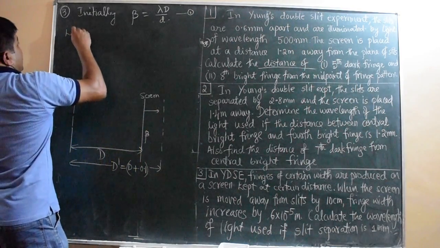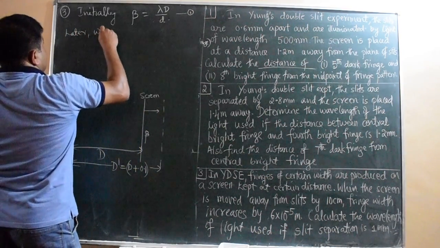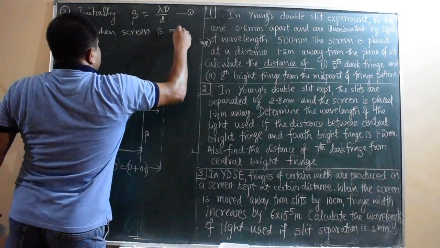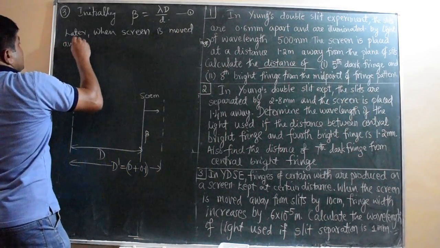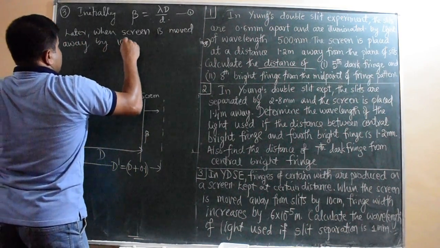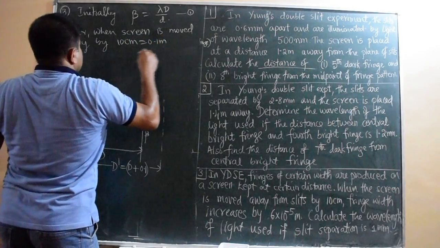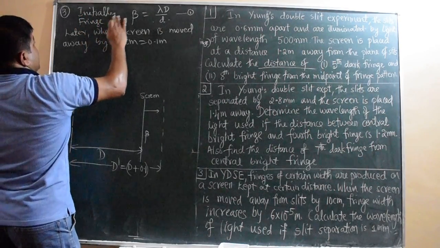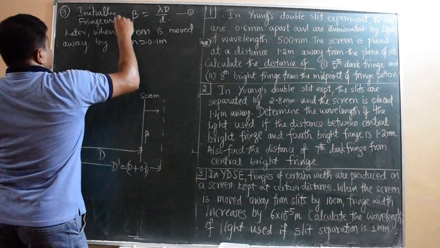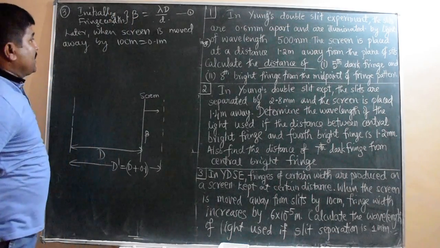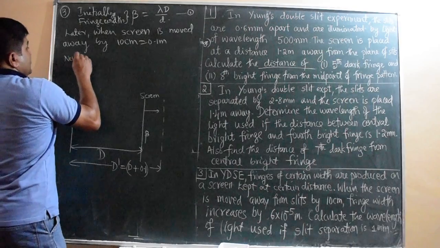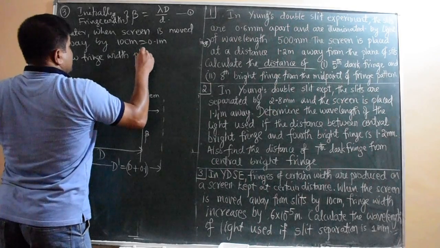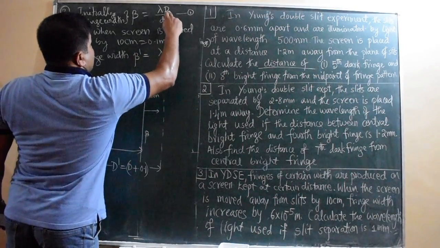Now later what happens when the screen is moved away by 10 centimeter, that is 0.1 meter? Initially I write the fringe width as beta, later the new fringe width beta dash equals lambda into, now what is capital D?